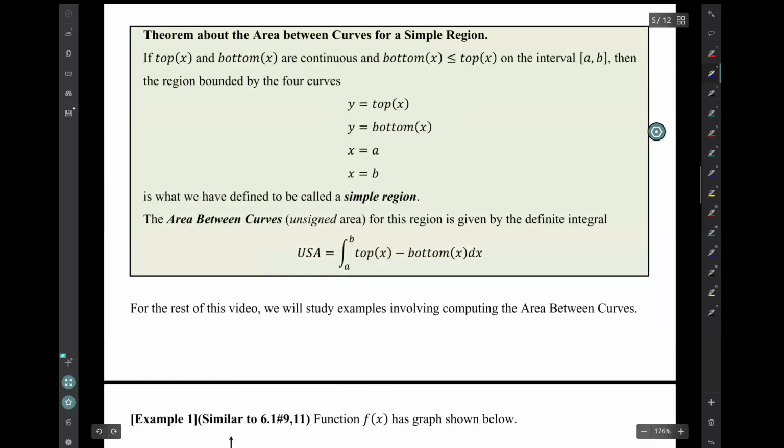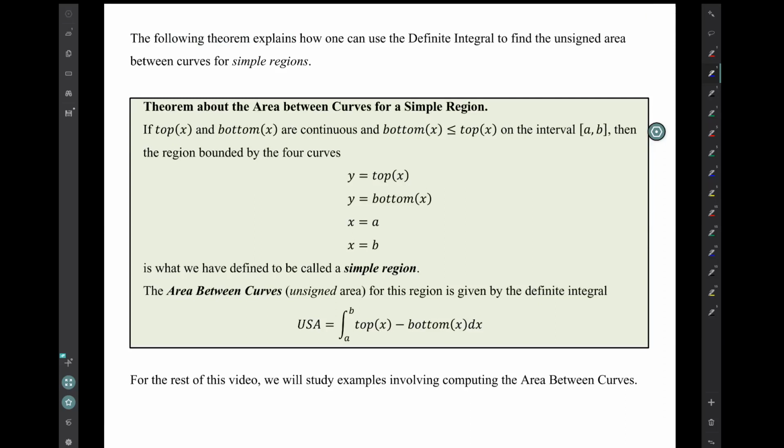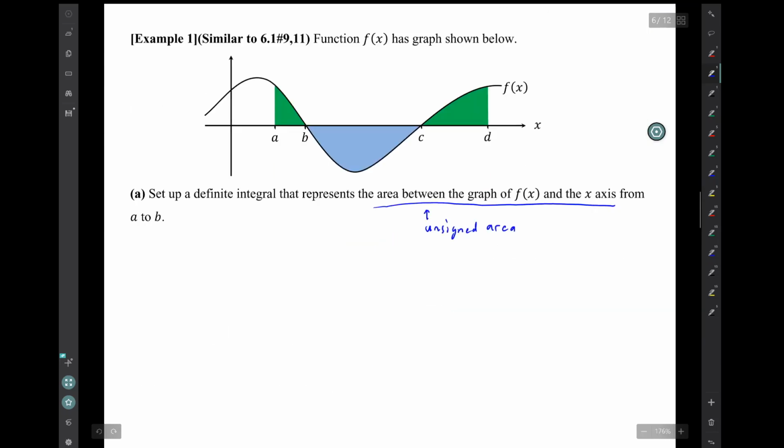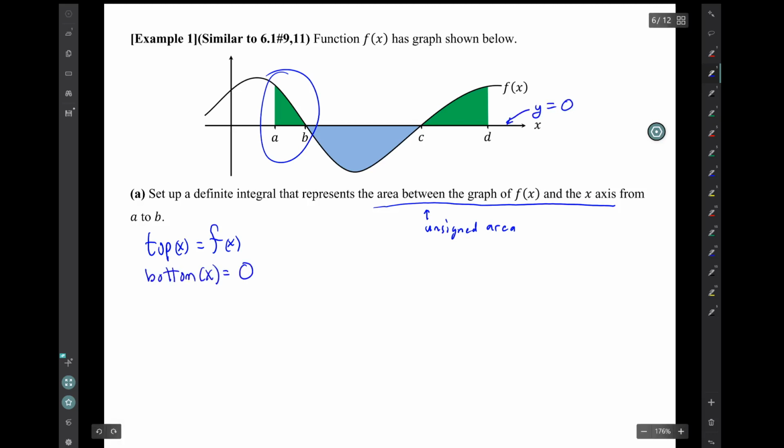Well, if you look at our theorem, we have to identify a top function and a bottom function and our interval. Well, on this interval, the top function is clearly f of x, and the bottom function is the function y equals 0. So that means the unsigned area is given by this integral.